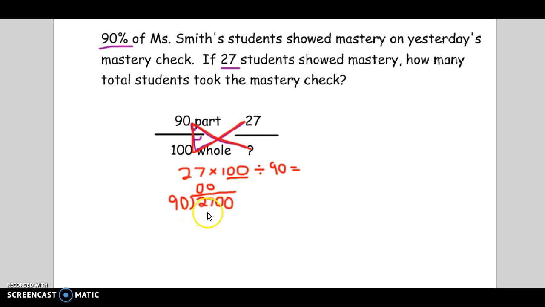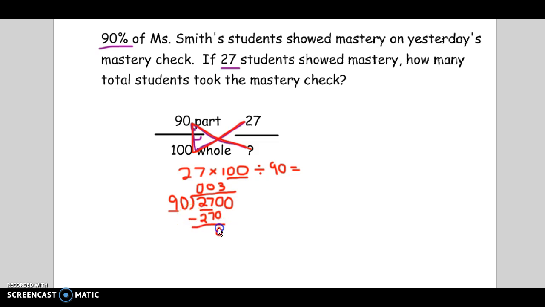And all I need to do to figure out how many times is ask myself how many times 9 can go into 27. 9 can go into 27 3 times. So I know that 3 times 90 is 270. If I subtract that, I get 0.